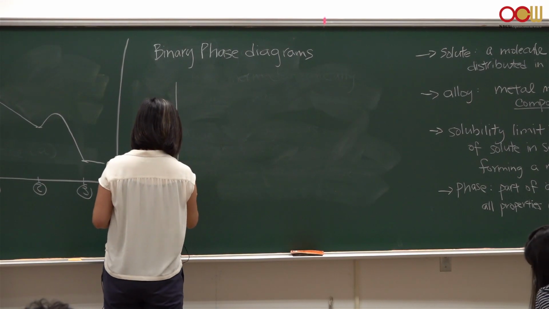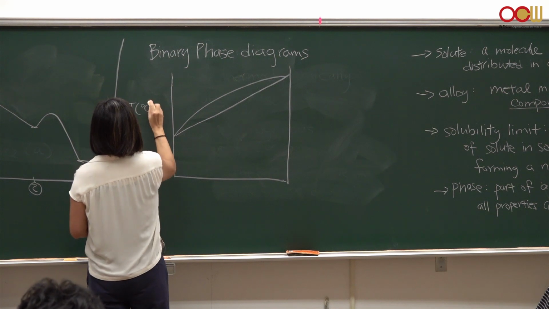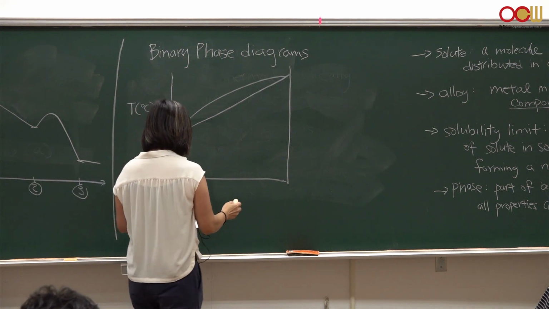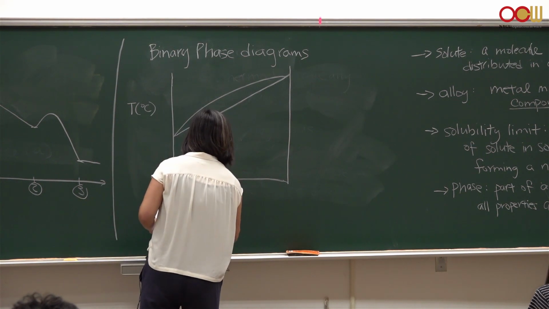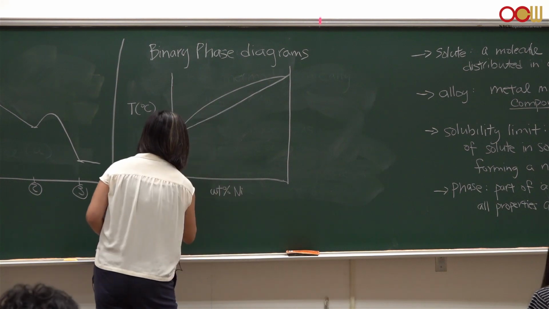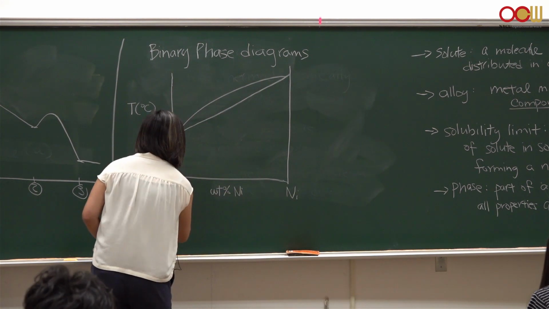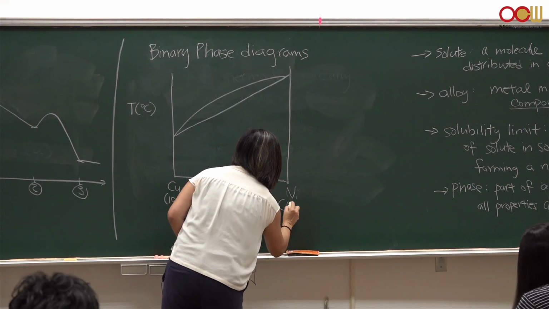So this is temperature on the y-axis in degrees Celsius. And the x-axis is the weight percent of nickel in copper. So here is 100% copper, and here is 100% nickel.